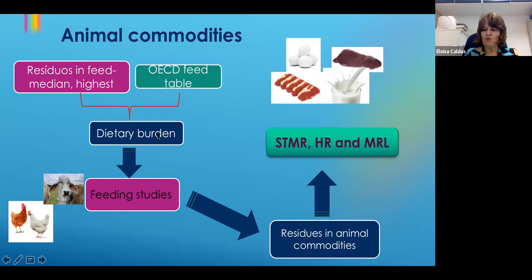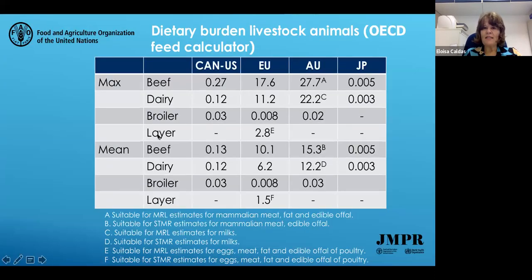And in addition to the residues, we need the OECD diet for the animals. And here I'm gonna show you how the diets for these animals look like. So I hope it's open here.